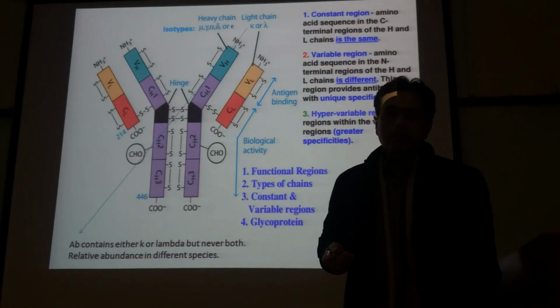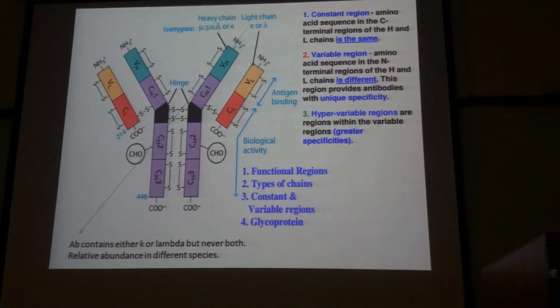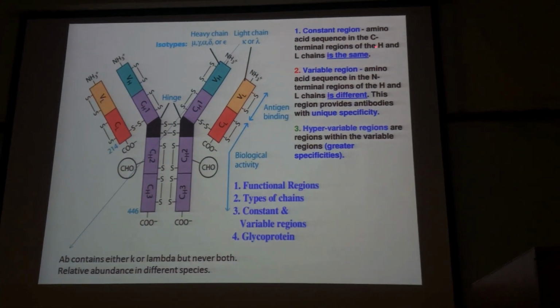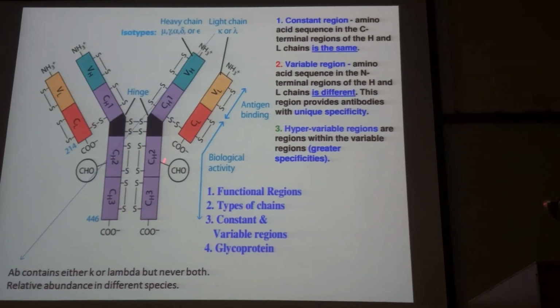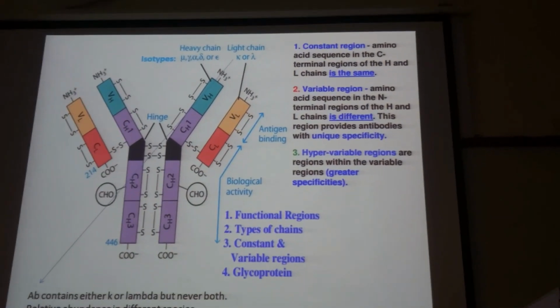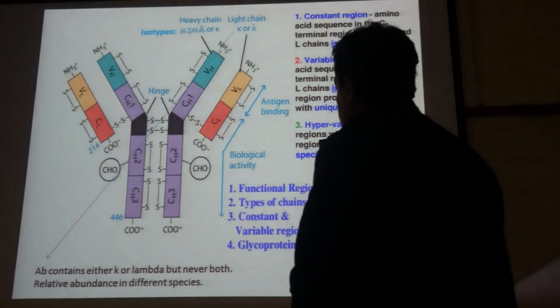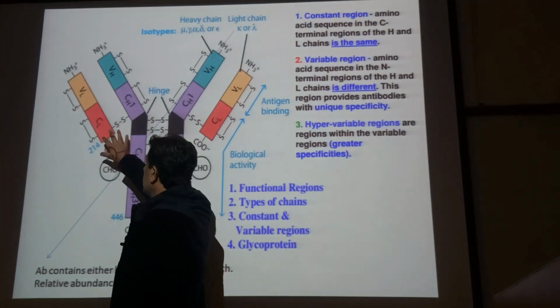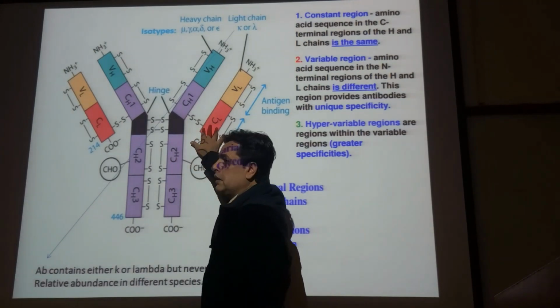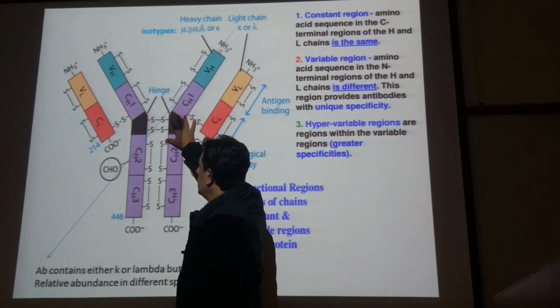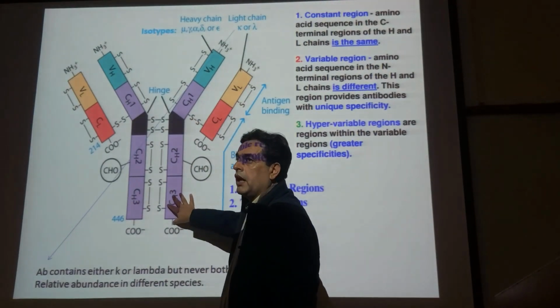Now there's a little bit of detail on these different regions. The amino acid sequences in the constant region, the terminal regions of the heavy and light chains, are the same. These are the constant regions. If you look at the antibody, this is the light chain, and this one is the heavy chain.